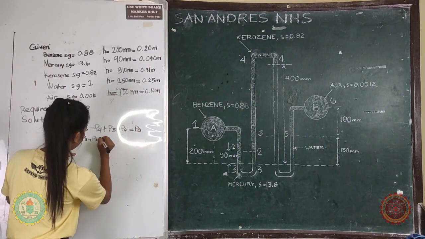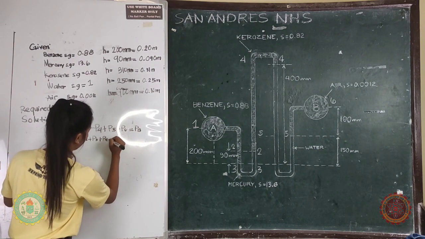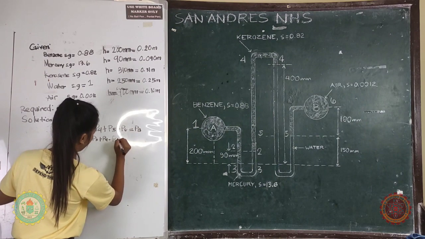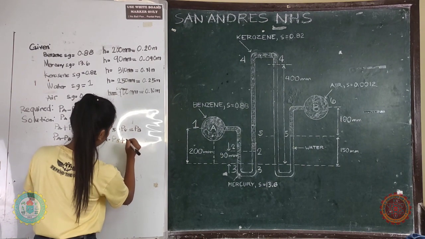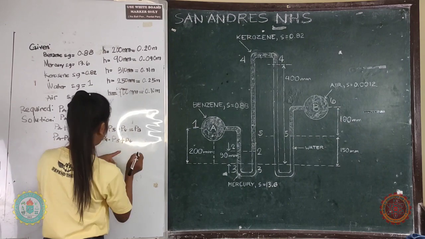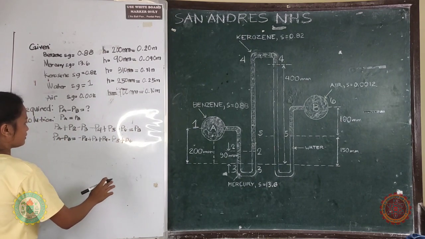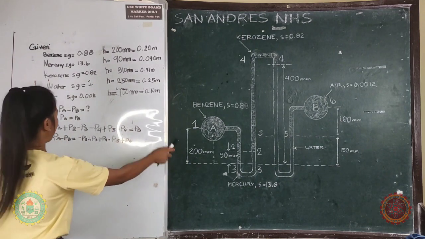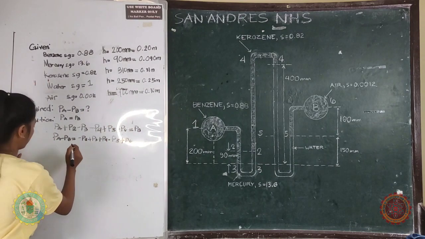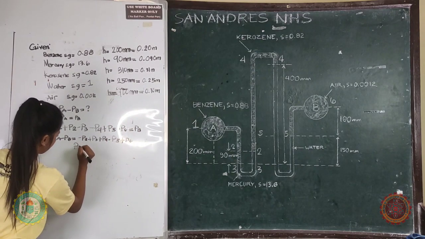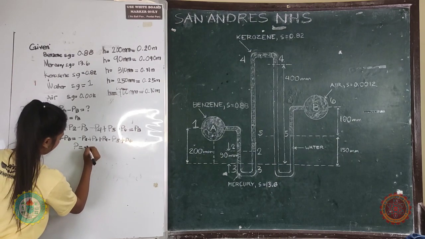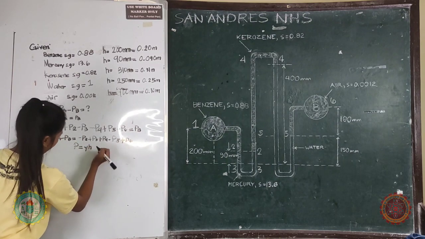P4, positive. P5, negative. P6, positive. So, that is the equation. Then we will put in all the given values, since our solution for pressure is P equals specific weight times height.